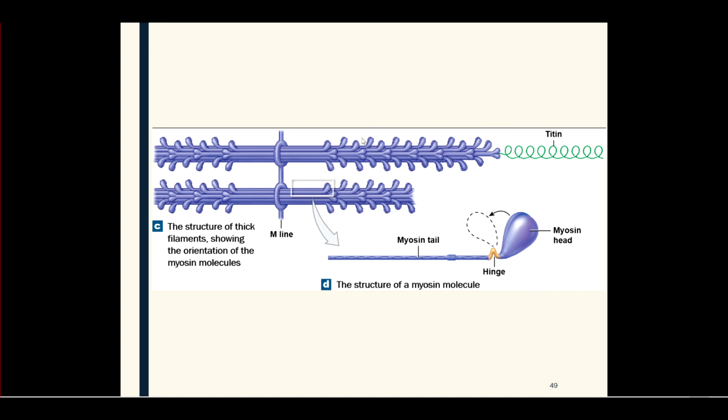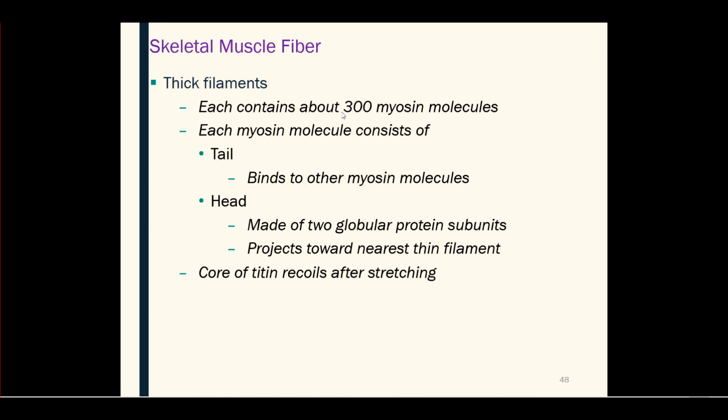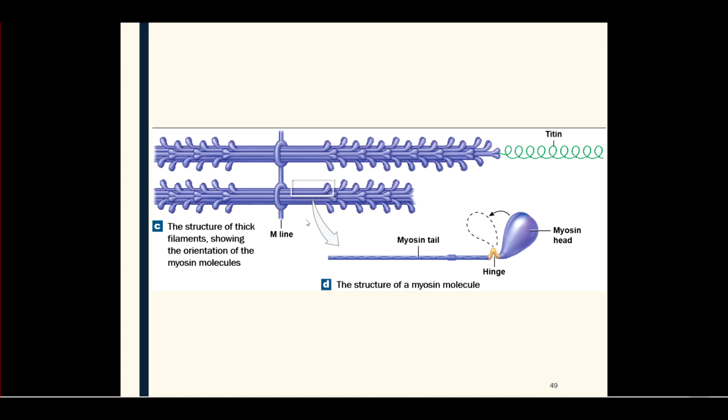So now guys, if we look at a thick filament here, what we're going to see is a combination of about 300 individual myosin molecules bunched together, right? They're going to be grouped together. The anatomy of the myosin molecule kind of reminds me of a golf club, right? If you have this long handle right here, this is called the myosin tail. At the end of the golf club, we have a head, right?